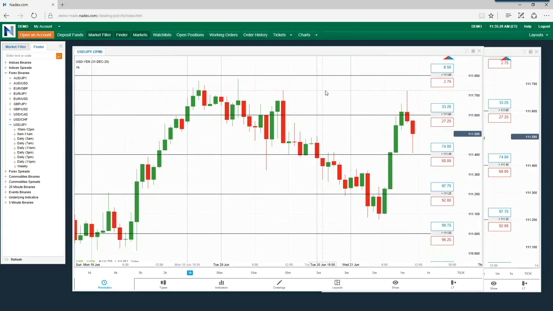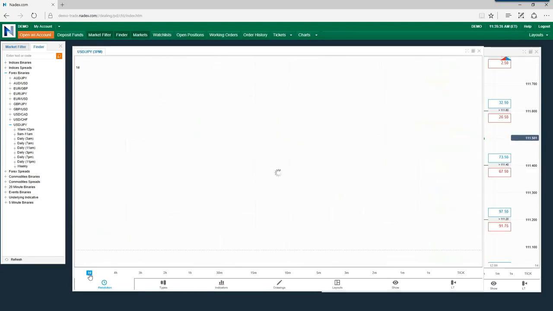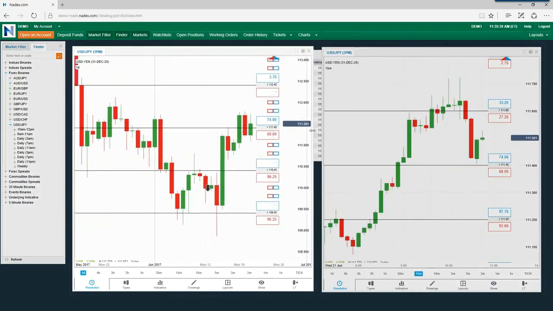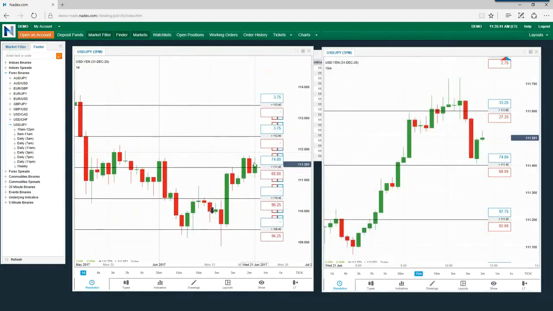Longer term, it's not making higher highs. So I would go first to a daily and ask, what is my daily showing me? The daily is showing that we're in an uptrend at the moment. We're making higher highs. They just came up to this high. It would be important for me for them to break that high.